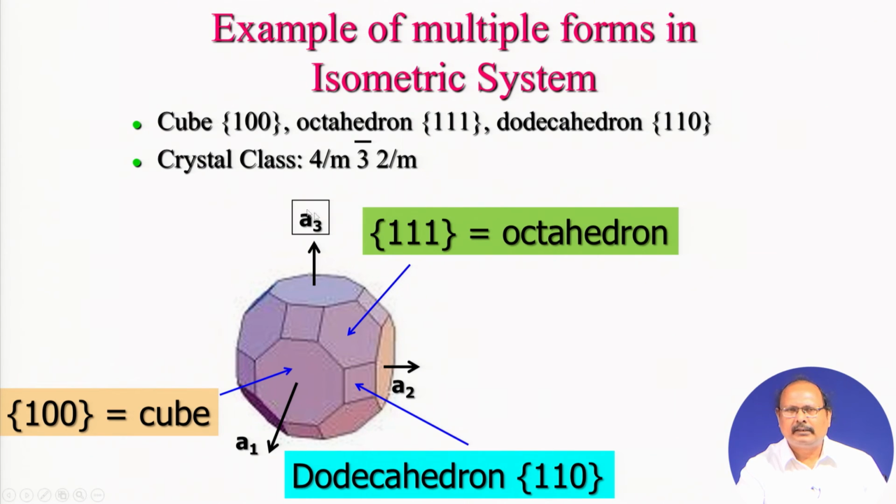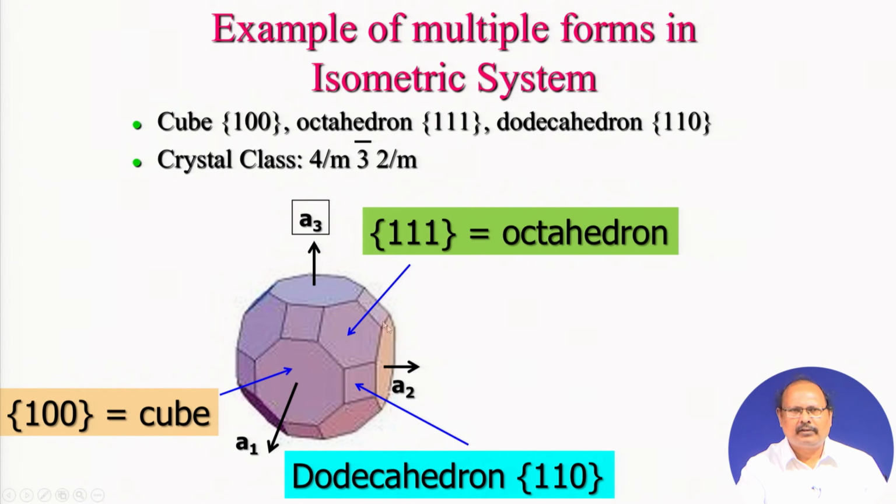So, here in some cases the isometric crystal may have a combination of crystal faces. Here I am showing you a combined crystal form, where 3 fundamental types of isometric crystal forms are combined. So, this is a crystal, there are 3 types of crystal faces here, one of this type, one of this type and the other of this type. So, this is your 100 cubic form here.